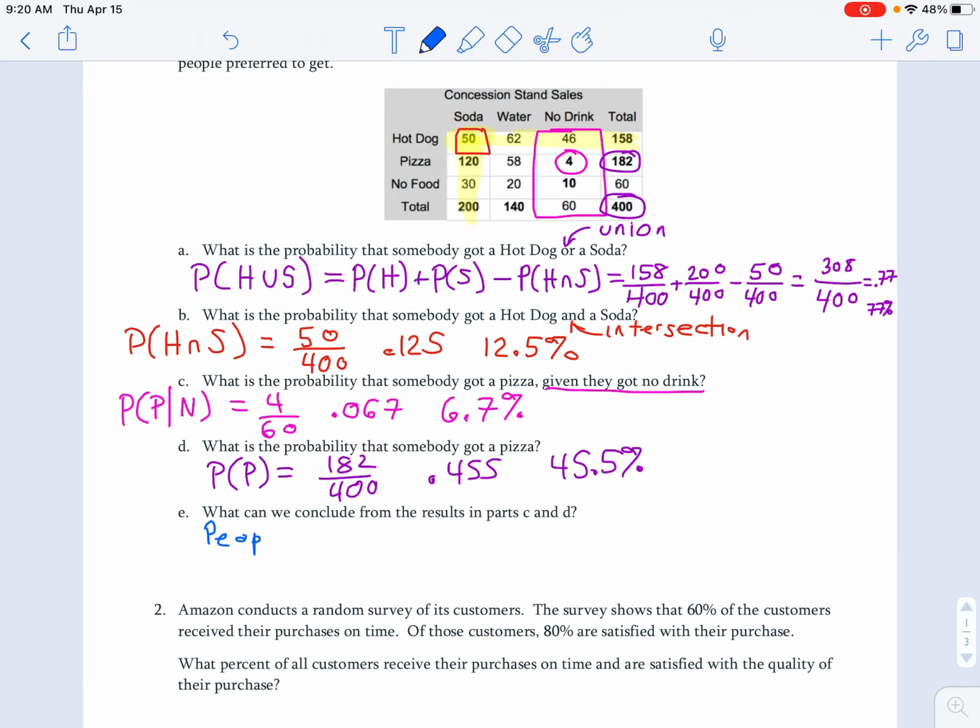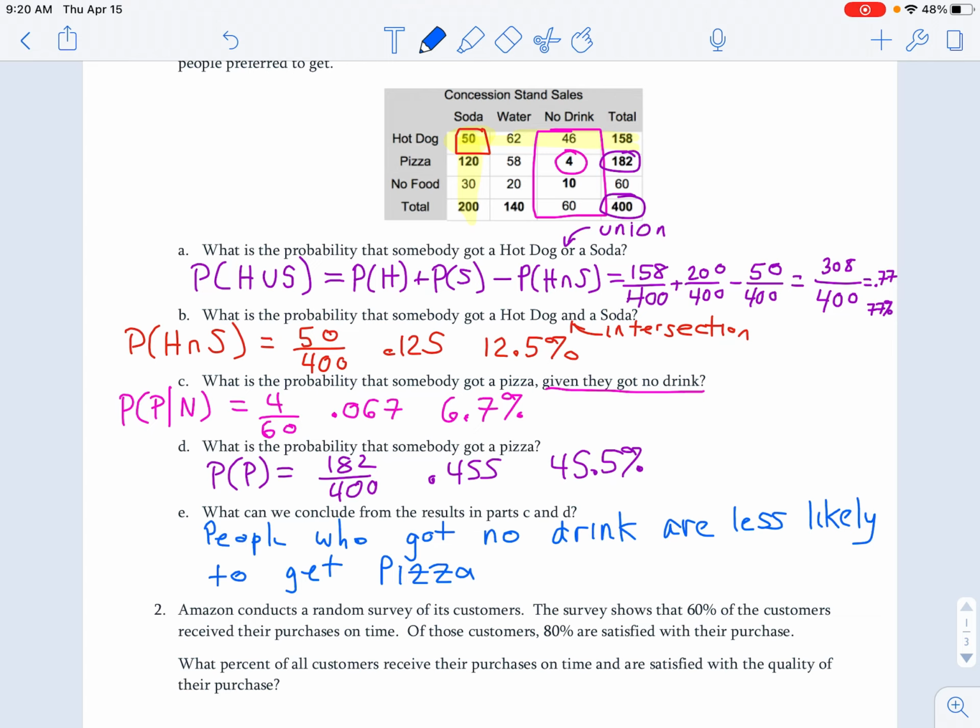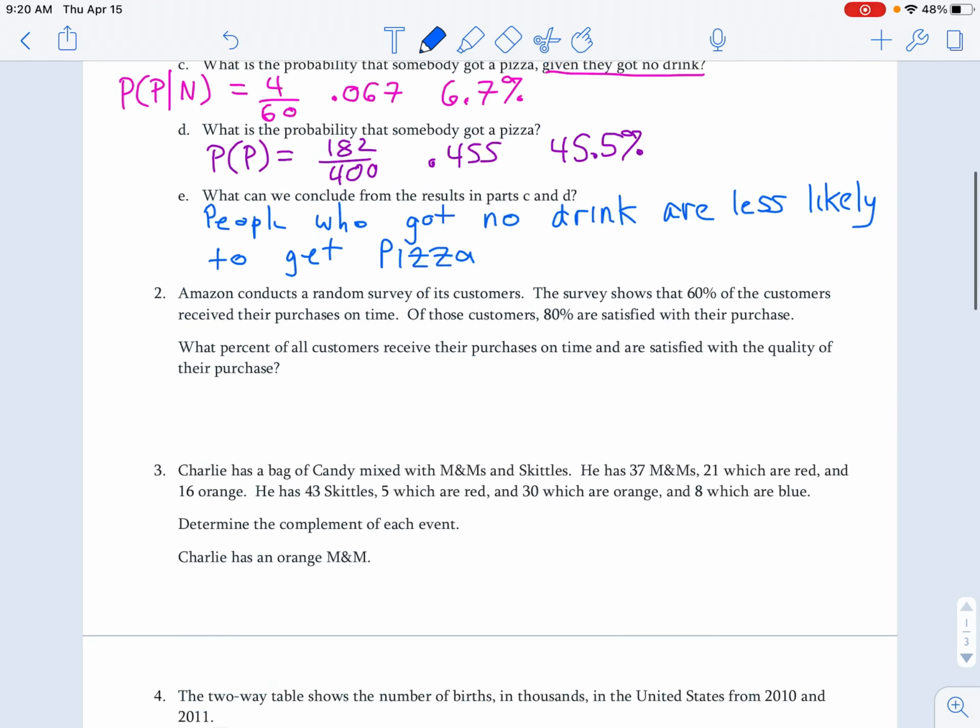We can just say people who got no drink are less likely to get pizza, because 45.5% of the people got pizza, but only 6.7% of those with no drink. So if you got no drink, you probably weren't getting pizza. You're more likely to get a hot dog or even no food. So that's interpreting tables and looking at them different ways. Let's go to the next problem.